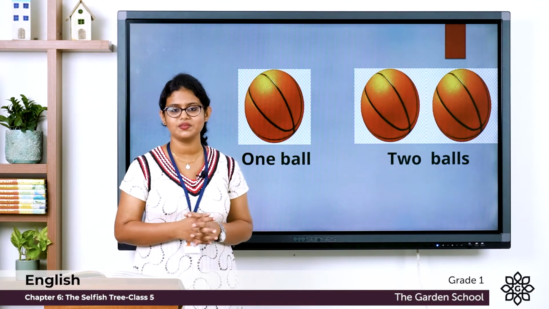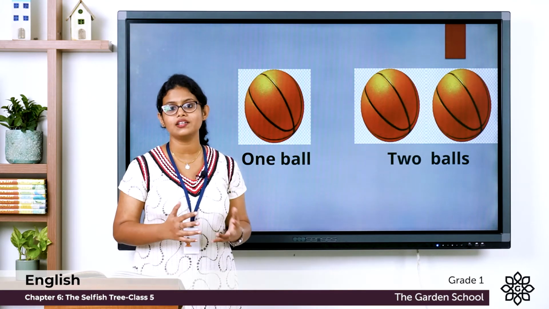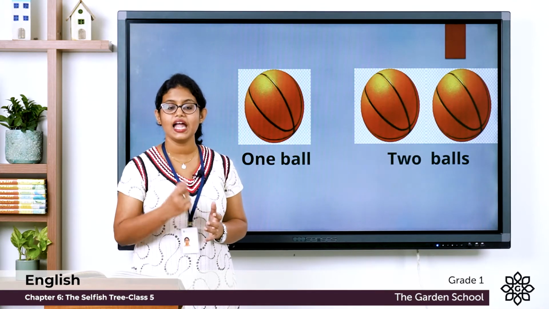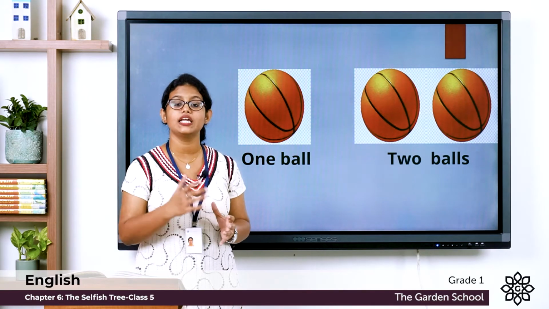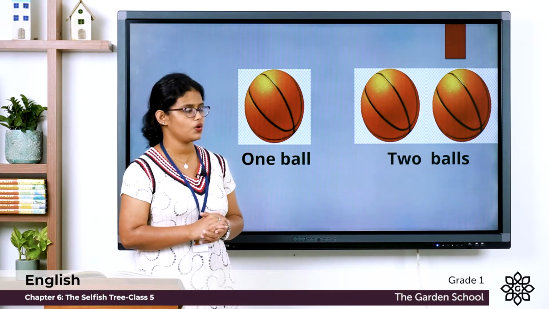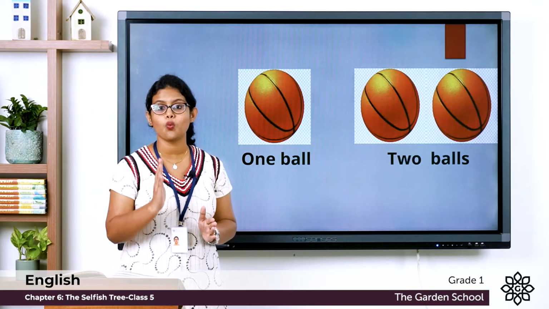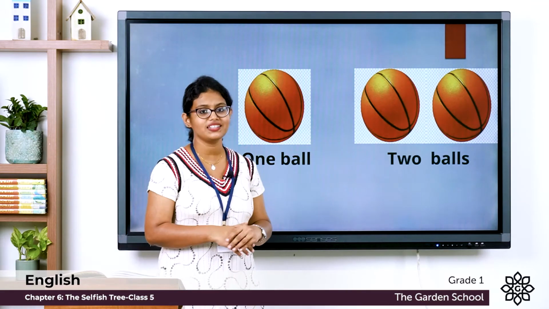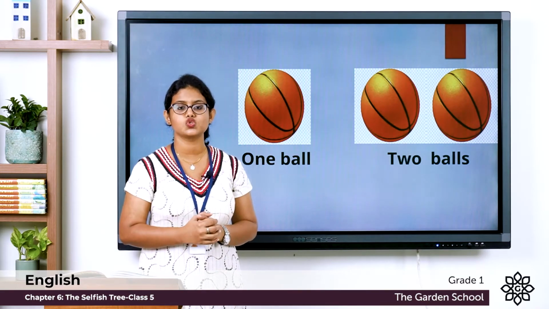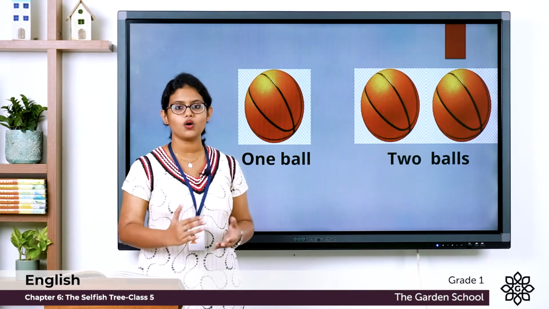So we say balls. So when there are more than one thing, we add S. We add S at the end of the naming word. So, here it was just 1. So, we say 1 ball. Here how many are there? There are 2. So, we say 2 balls.